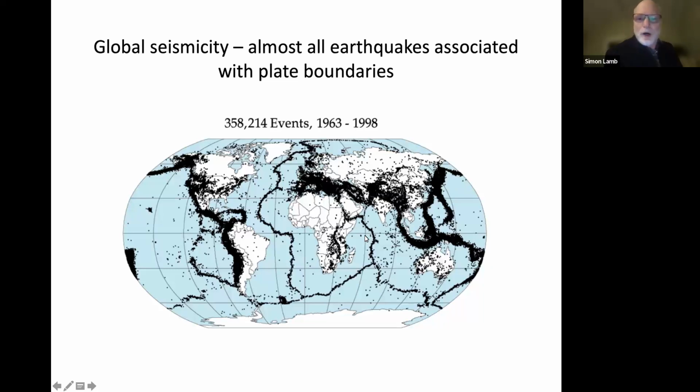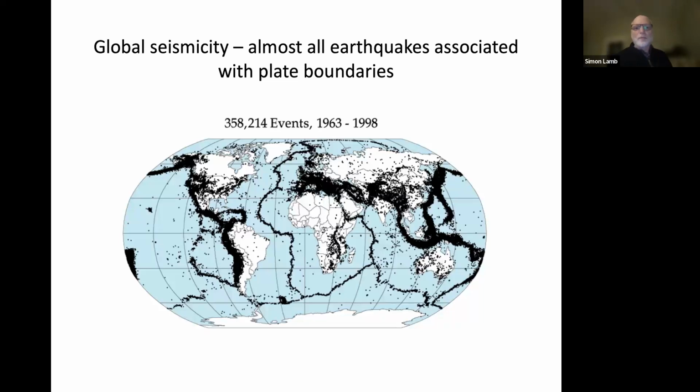When you look at earthquakes, almost all earthquakes are associated with the boundaries of the tectonic plates. And that's basically how the plates are defined; you can map out the plates by looking at where the earthquakes are. It was really the development of the worldwide seismic network in the 1960s that suddenly produced enough earthquake detections that you could start to see this pattern.